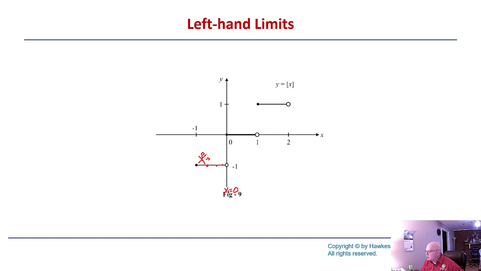Even when I get very, very close to x equals 0, the y value is -1. So the limit of this function, call it f of x, or you can call it y, and x is approaching 0 in this case, and it's approaching it from the left-hand side.